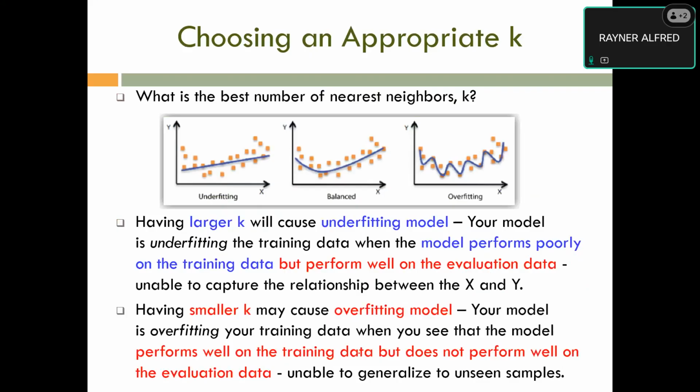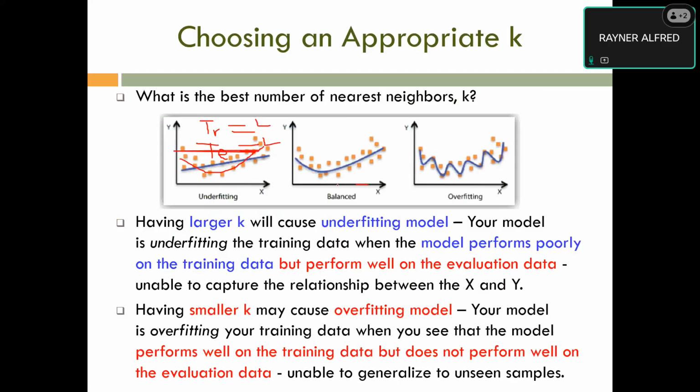Okay. And they say defining k is another issue. They say that if your k is too large, this is what we call underfitting. Underfitting means during training you have low accuracy, and during testing you also have low accuracy because you are not fitting the sample data here.